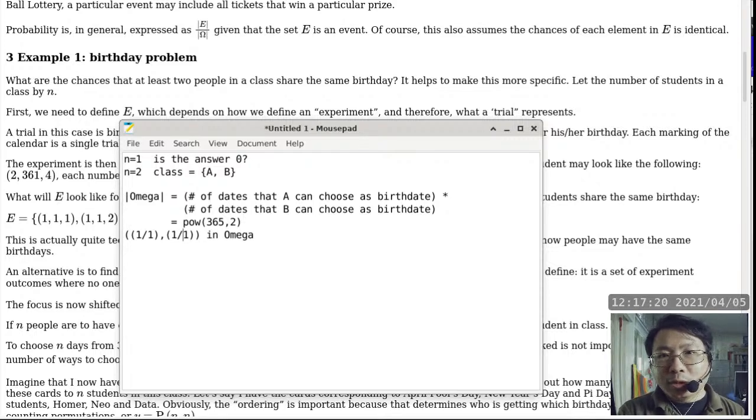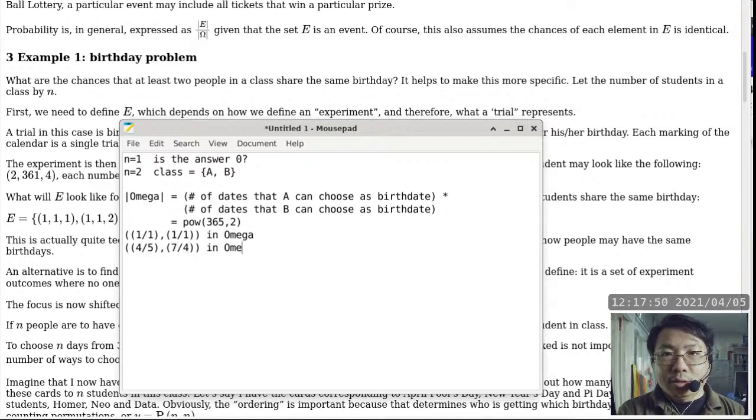So now it's more clear, right? Because what it boils down to is this is the birth date of A and this is the birth date of B. So using this, we can also have today is the 5th of April, and then somebody who is born, let's say, 4th of July. So we have 7-4 in this case.